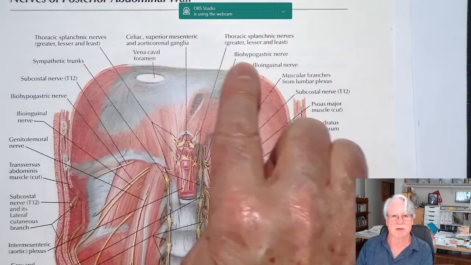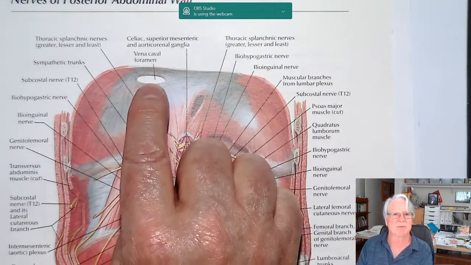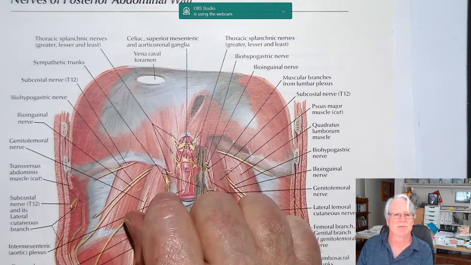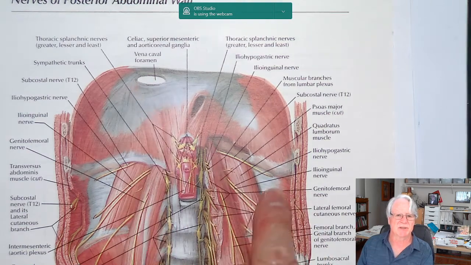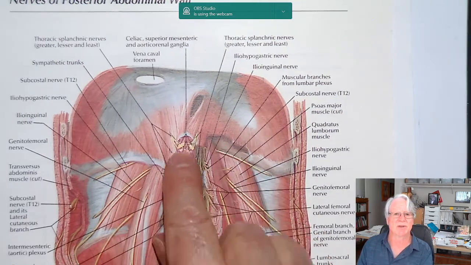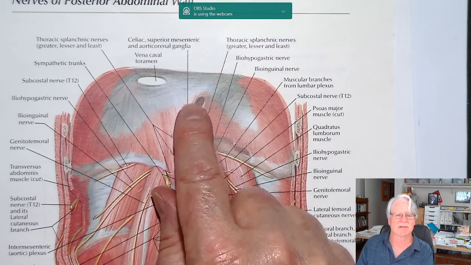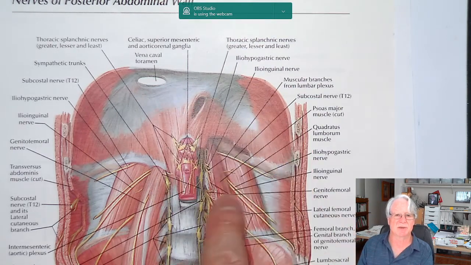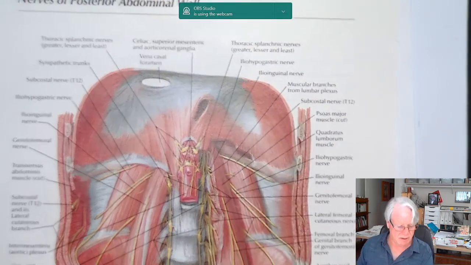So you can see it's a dome-shaped structure. There's some holes in here through which certain things pass. The vena cava is one of those things that pass through. So there's a hole for that because this is the abdominal region here. There's a hole for the aorta, and this would be for the esophagus into the stomach, sitting right here. So that's another view of that right there. Okay.